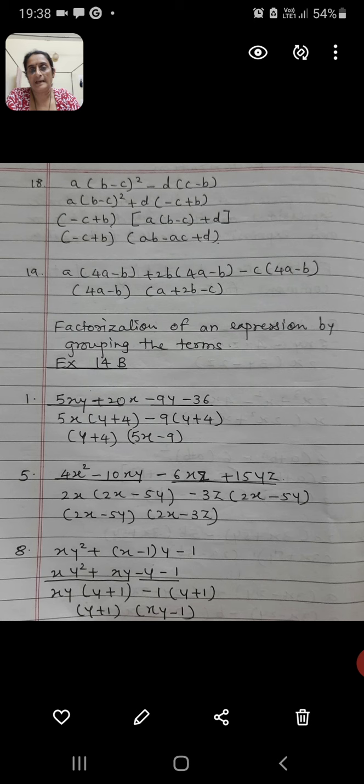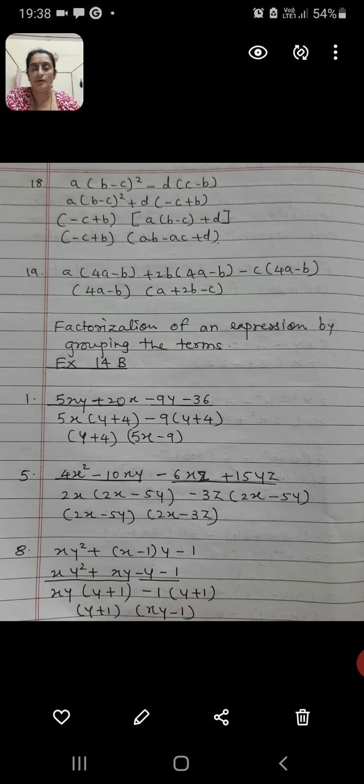So I have taken minus 1 as common HCF of that, and y plus 1 will be the second bracket. Now y plus 1 is repeated, that will be our first factor, and xy minus 1 will be the second factor. Fine. Now we go to the 11th question.